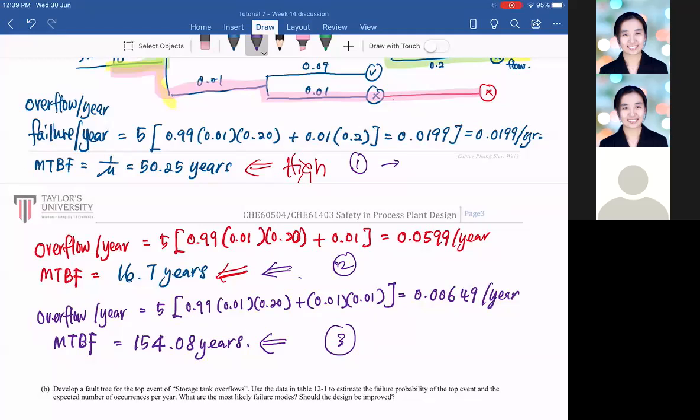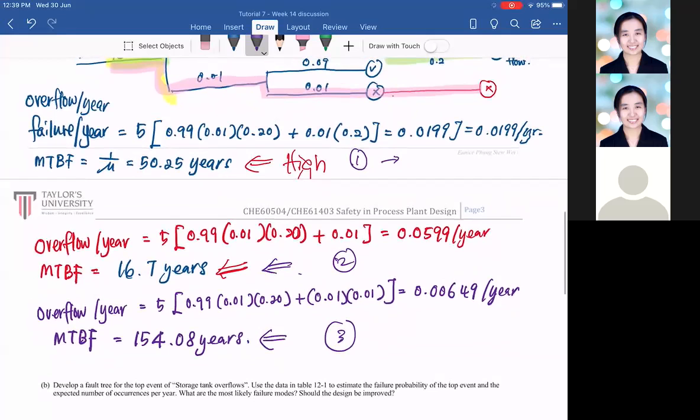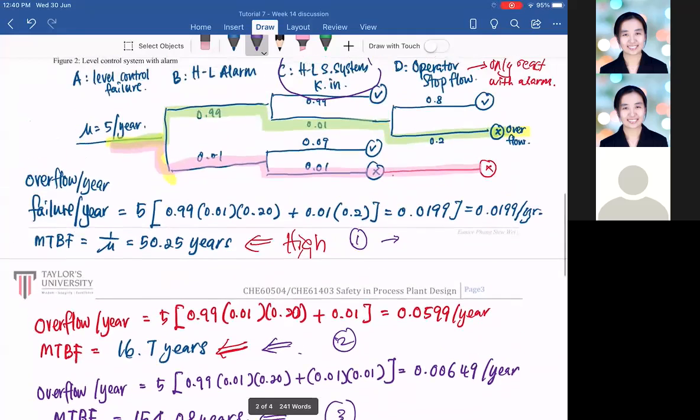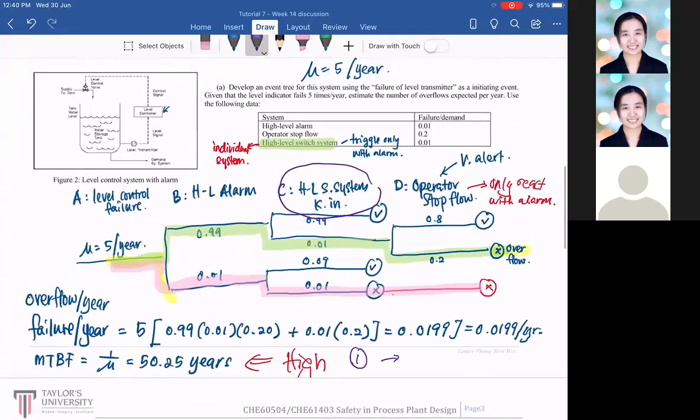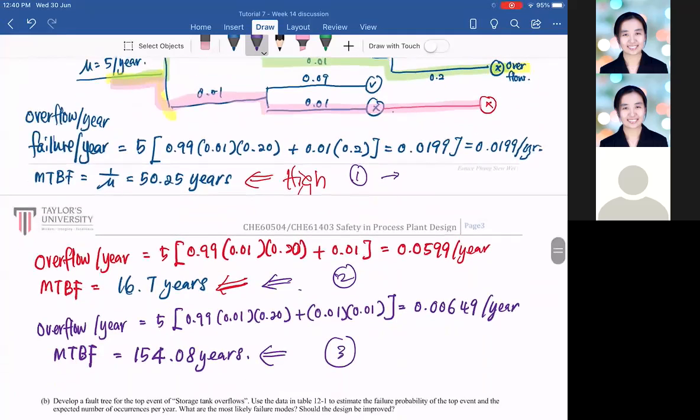If no, then that's the event tree. That's how we use an event tree to evaluate whether this system is okay or not okay. If it's not okay, then perhaps we add in another control level in here, or we look at how we can modify the system to improve the mean time between failure.